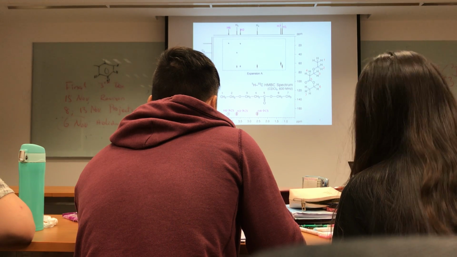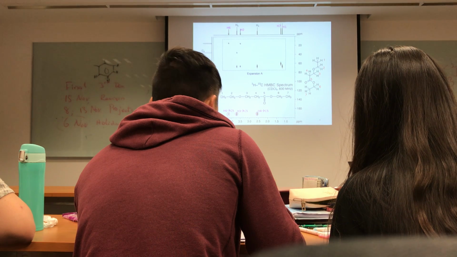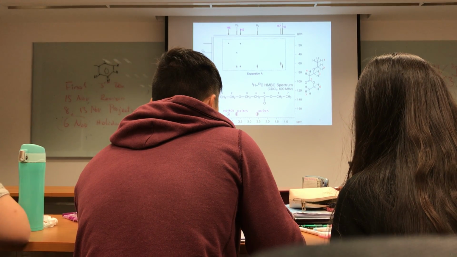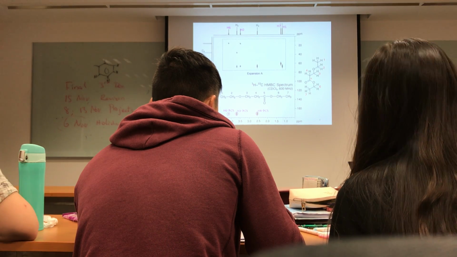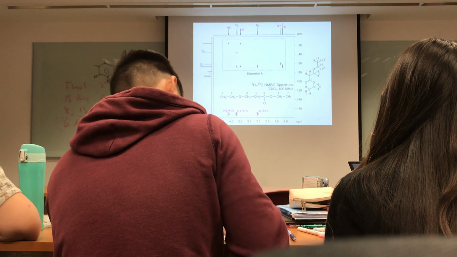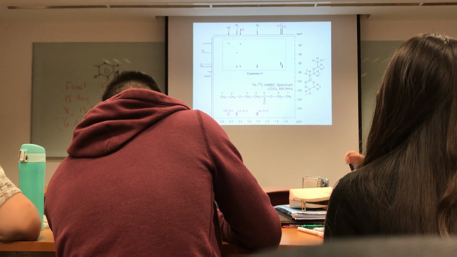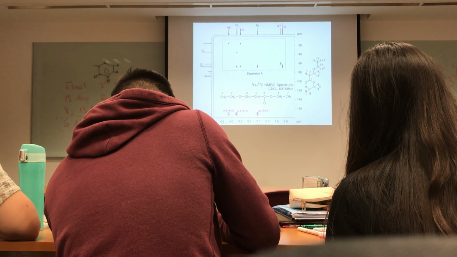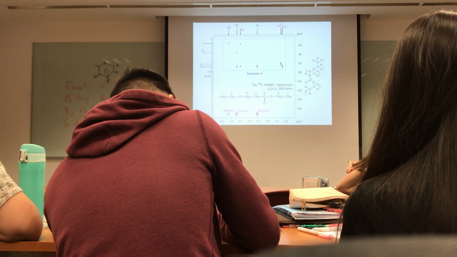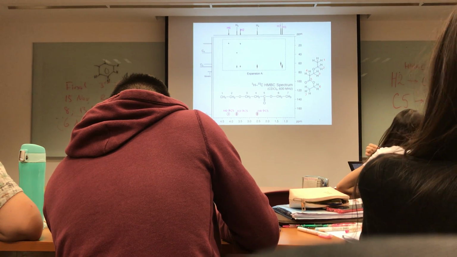Now we remove all the carbons because it's a proton-carbon correlation for HMBC. Now we can tell carbon 5, 2 bonds, it can see proton 4. 3 bonds, you can see proton 3 and proton 6.